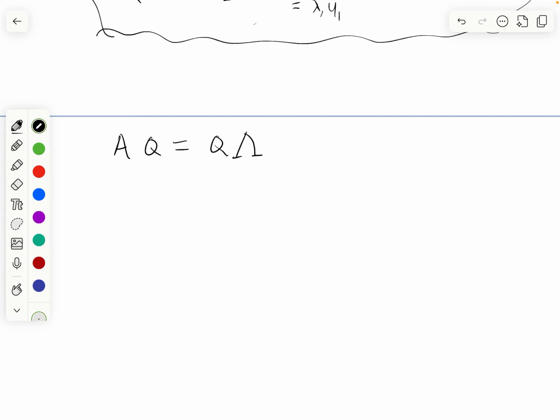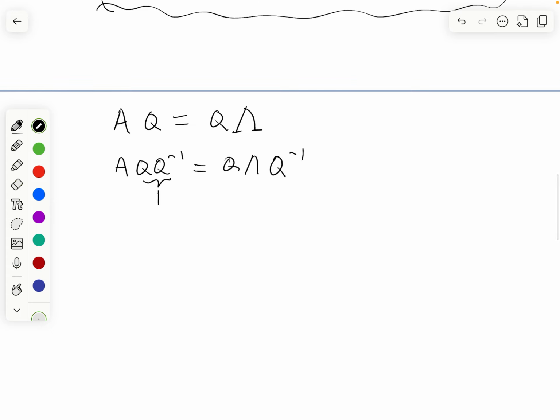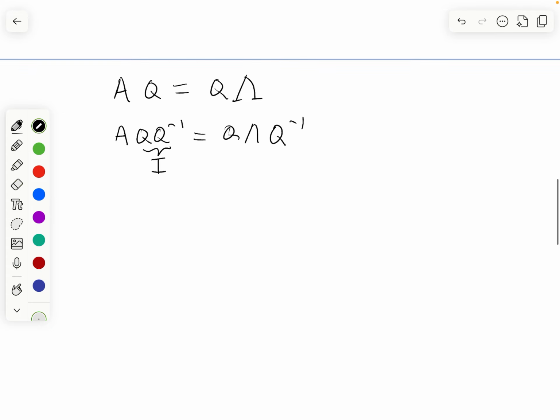We can multiply by Q inverse on the right, right? Q times Q inverse is the identity matrix, and A times the identity matrix is just A. So you get A equals Q lambda Q inverse. And since Q is an orthogonal matrix, this is actually the same as Q lambda Q transpose, because Q transpose is the same as Q inverse because Q is orthogonal.